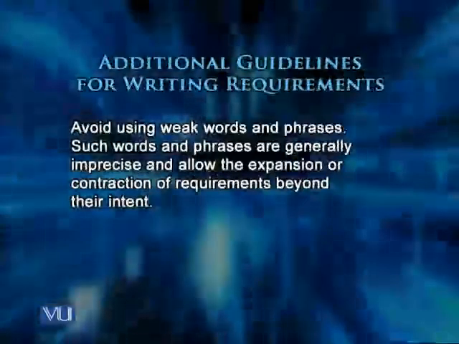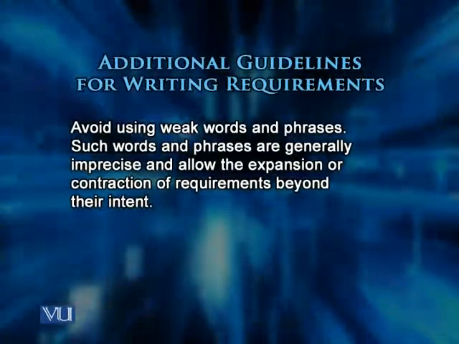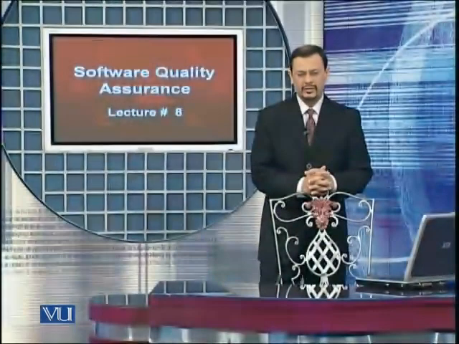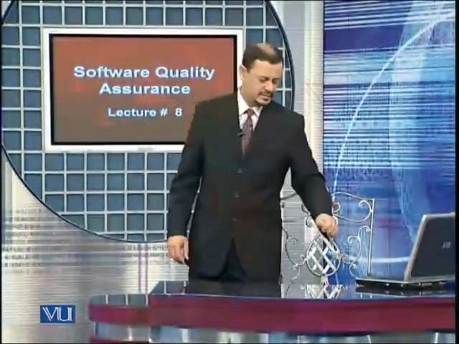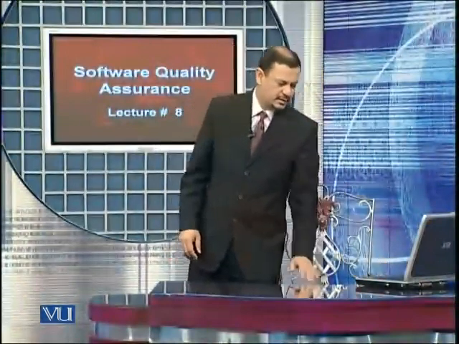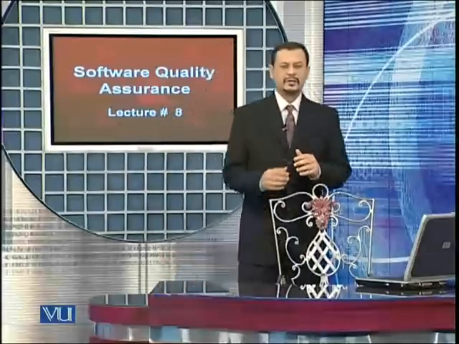Avoid using weak words and phrases. Such words and phrases are generally imprecise and allow the expansion or contraction of requirements beyond their intent, and that is again related to the misinterpretation aspect of the requirement.